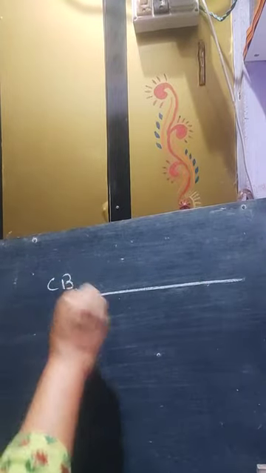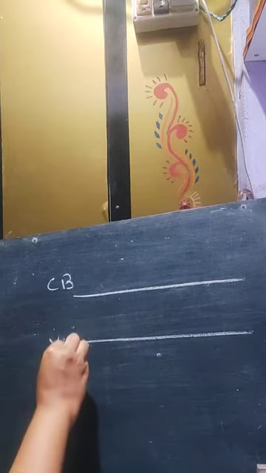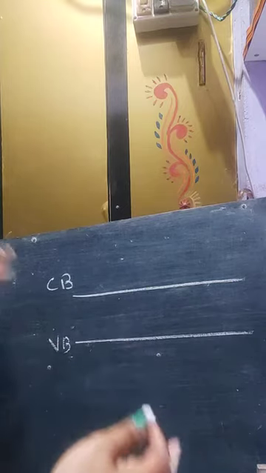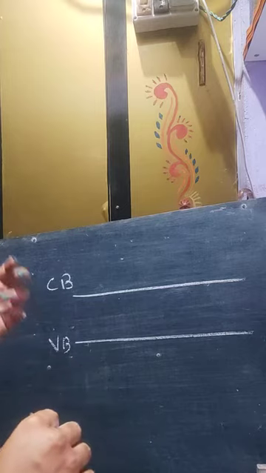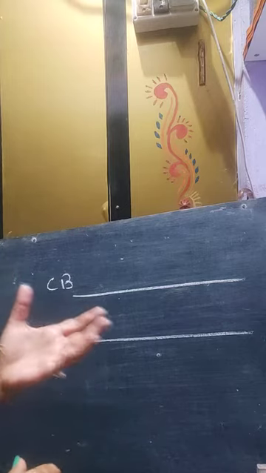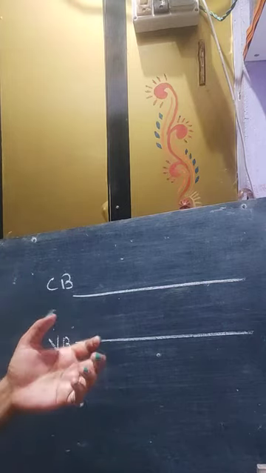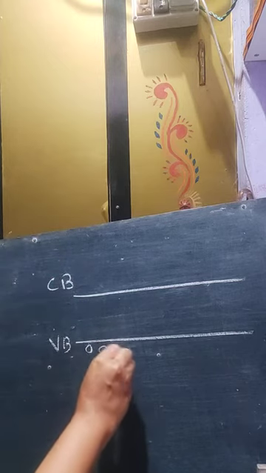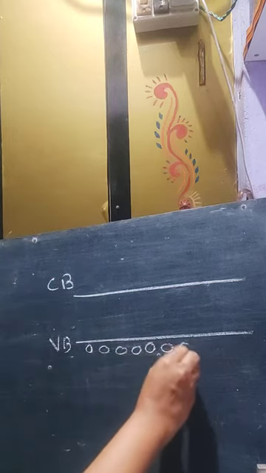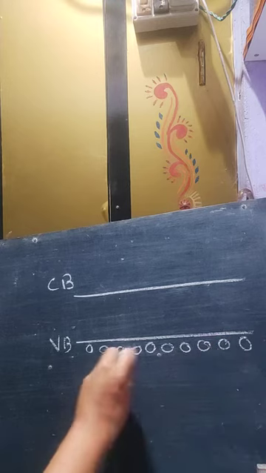Suppose this is our conduction band and this is our valence band. As we dope with trivalent atoms, some holes are created here instead of electrons.